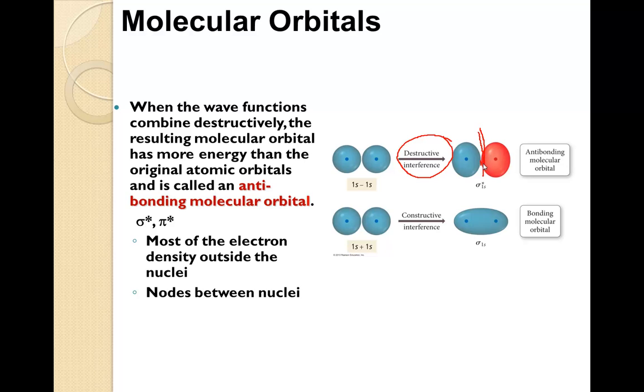There's an empty space, and they're not in the same phase. Also notice that they're called sigma star, pi star. That's to help show that it's not bonding, that it is actually anti-bonding. Most of the electron density is outside of the nuclei, not between the nuclei, and there's a node between them.